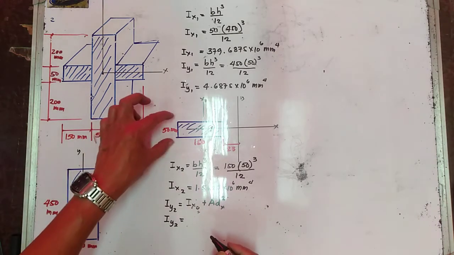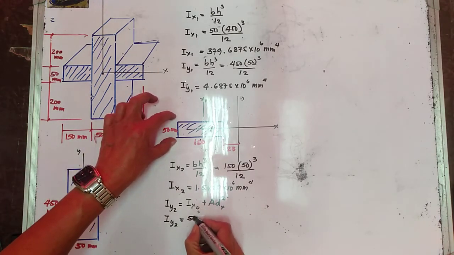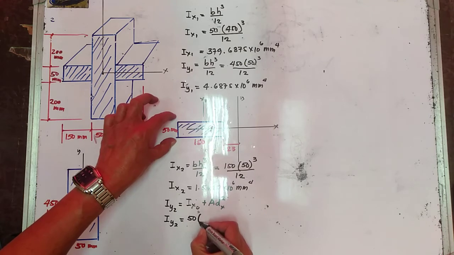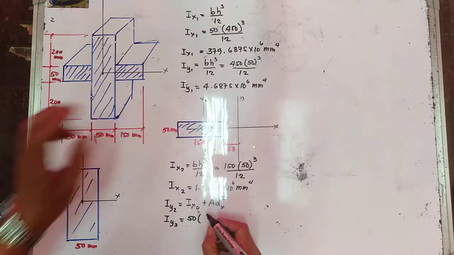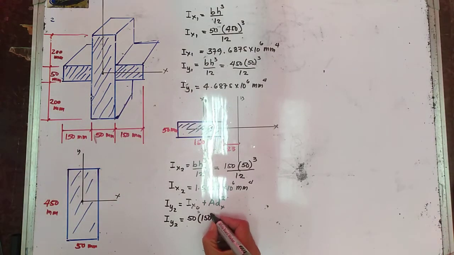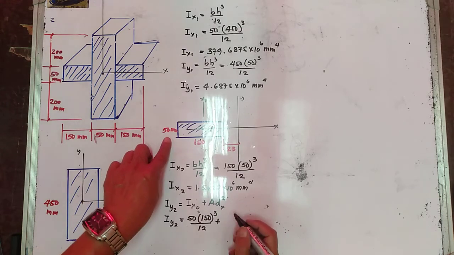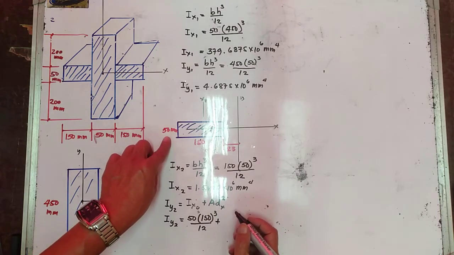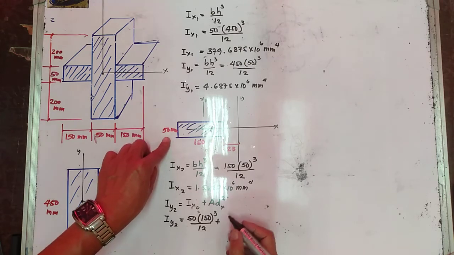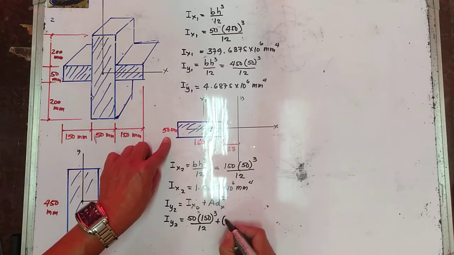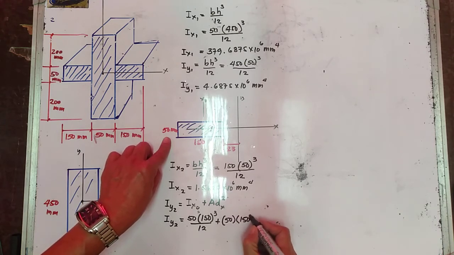Your b in here is 50, your h is 150, cubed all over 12, plus the area, which is 50 multiplied by 150.